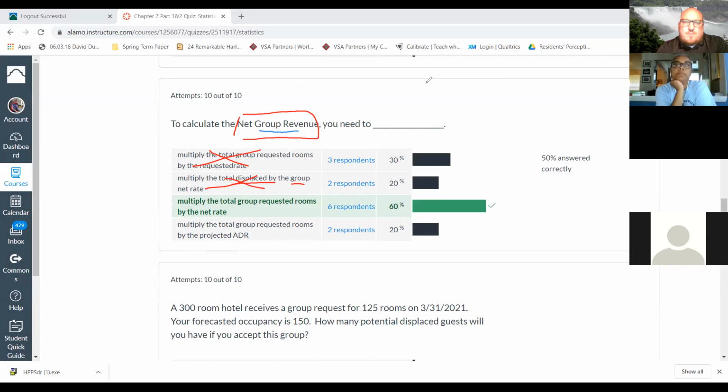Multiply the total group requested rooms by the projected ADR. That one isn't good in the sense that the projected ADR is related to the transients. The group is typically going to request a lower rate or a specific rate. And so the projected ADR always refers to the transient guests. Any questions about that one?